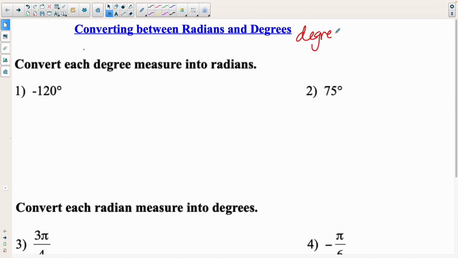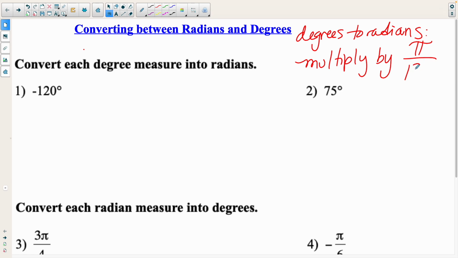Okay, so degrees to radians, and we're going to multiply by pi over 180, and that's our conversion factor.